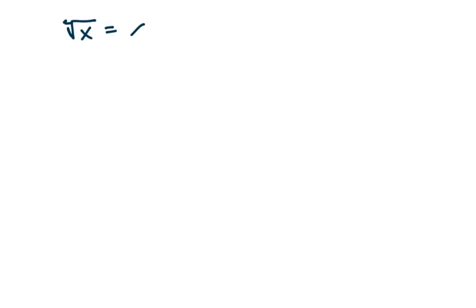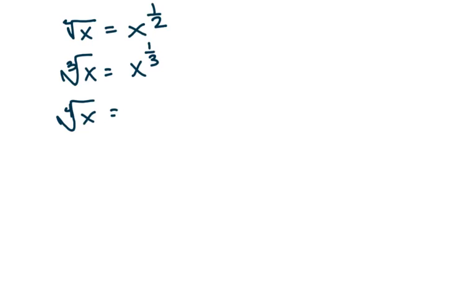So this is the same thing as x to the 1/2. So if I wanted to take the 3rd root of a number, that would be x to the 1/3, right? And that problem we just did, we took the 4th root of a number, so that would have been x to the 1/4. So on our problem, we actually took the 4th root of 81.